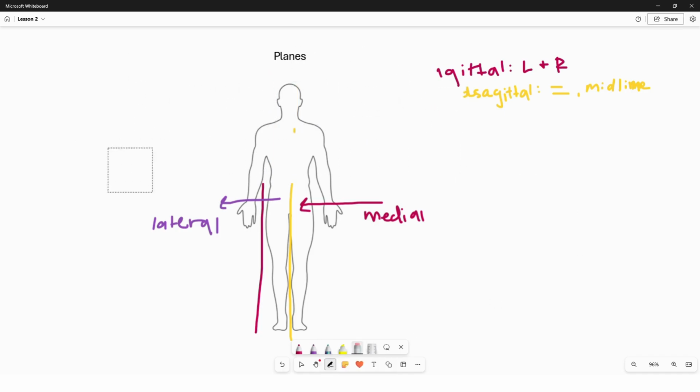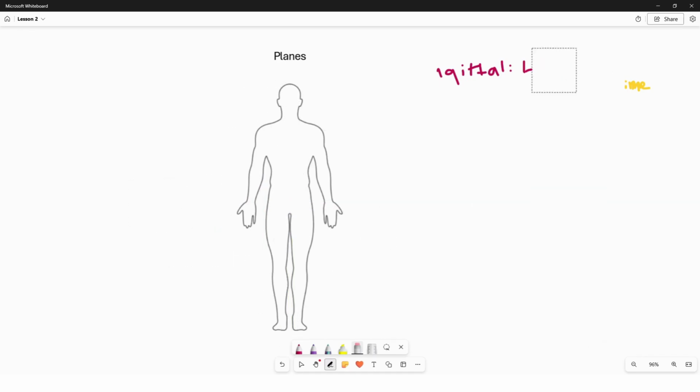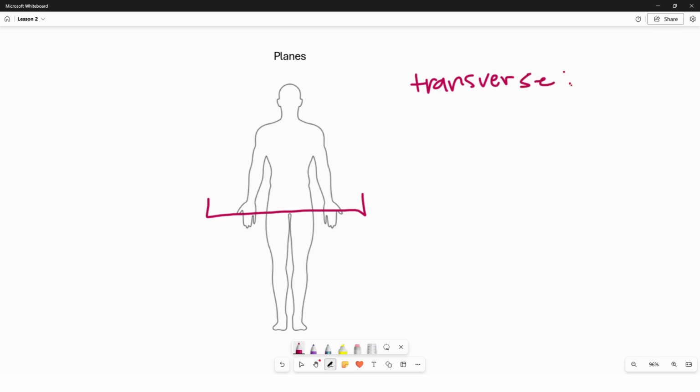And now let's look at another plane. And this is the transverse plane. The transverse plane divides the body into inferior and superior areas. So this is called the transverse plane.